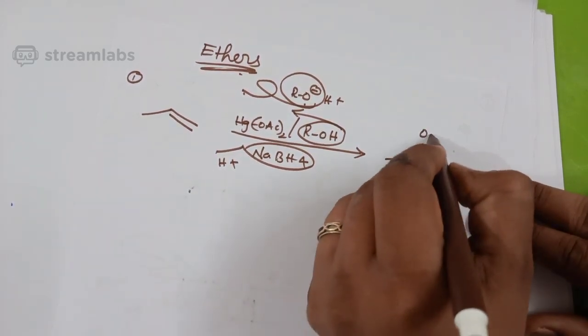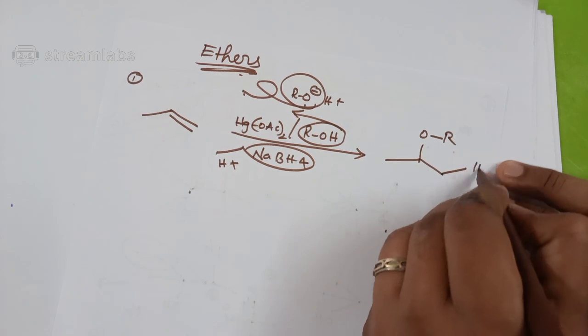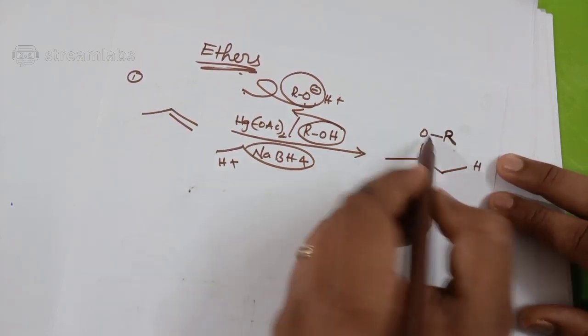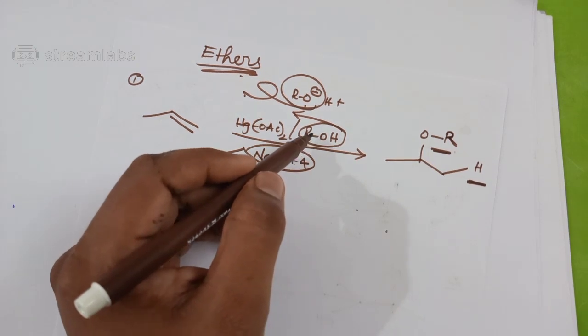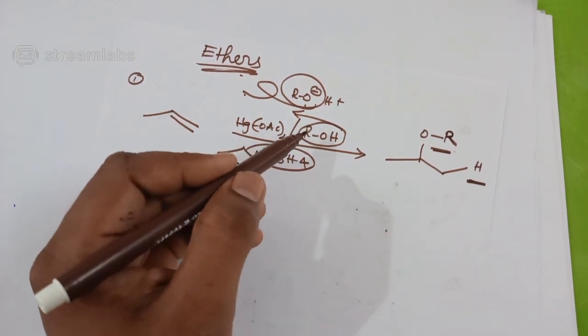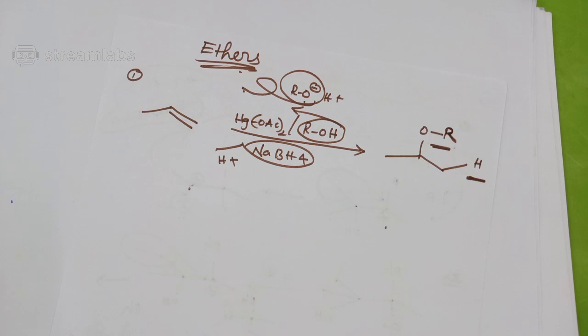Okay, that means OR attacks and here hydrogen attacks on this alkene, and it follows Markovnikov. How will we get it? See, OR, here H, addition of alcohol now, because I took alcohol here. Earlier I took water, meaning addition of water, now addition of alcohol. So in this case finally we got ROR, which is nothing but ether.